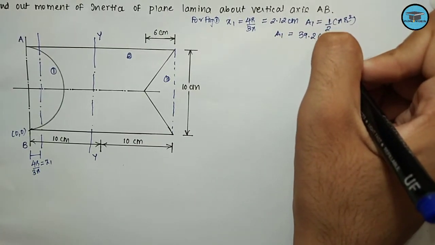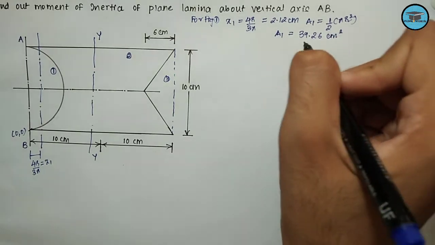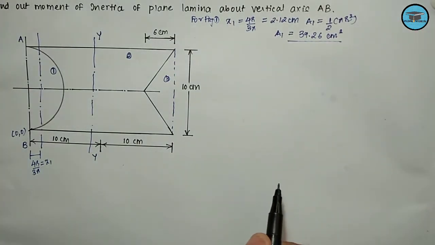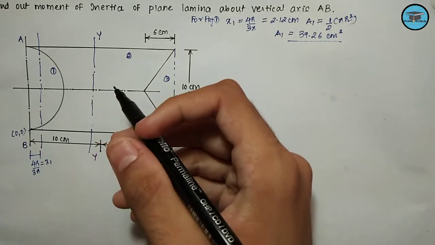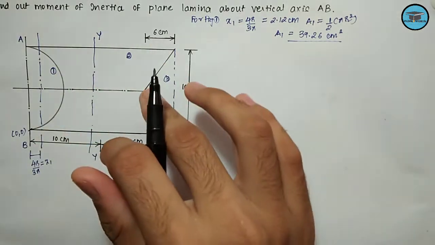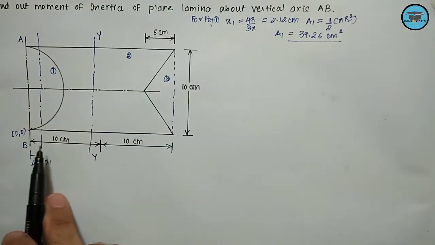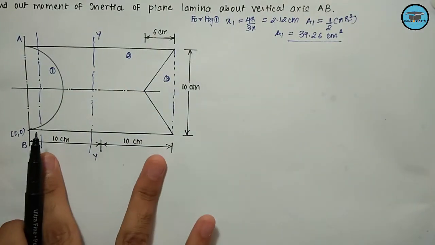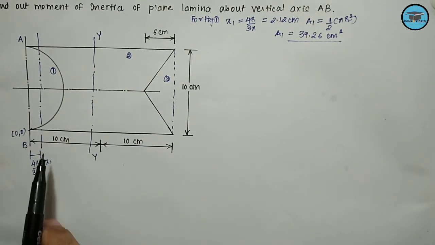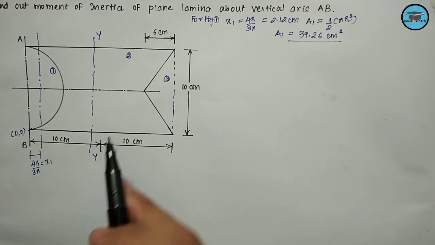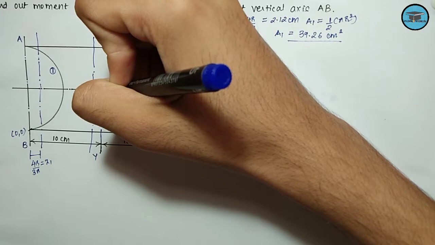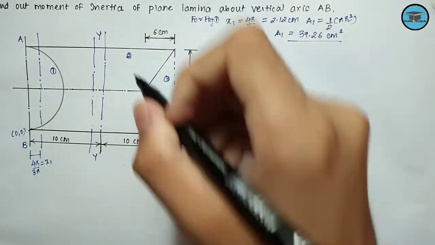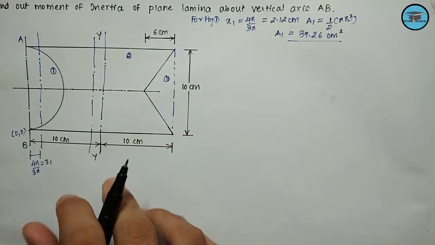39.26 centimeter square. Okay, now similarly for figure 2, the centroid for the rectangular region passes at half of this total distance, that is at 10 centimeter from this end. So let us draw the axis which is passing through the centroid of this rectangular region.